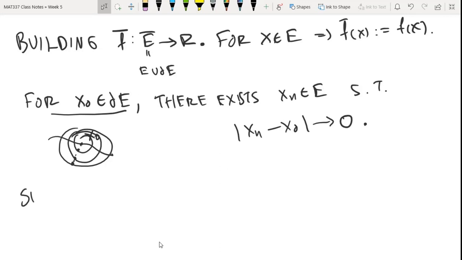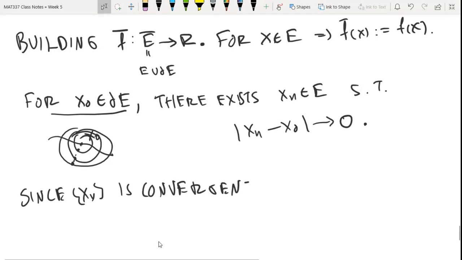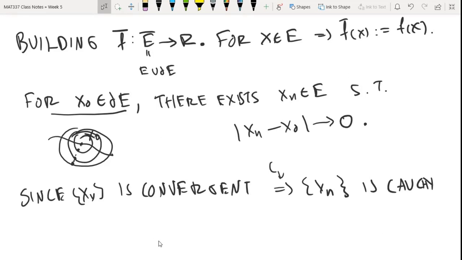Now, since x_n is convergent, this will use all the machinery we built so far, almost everything. x_n is Cauchy. We talked about this, I think in chapter 2.